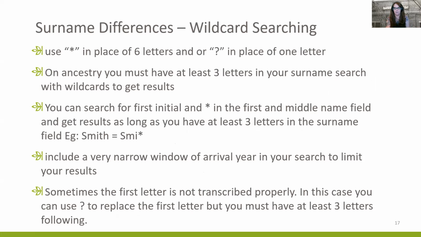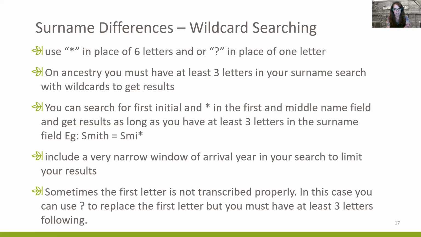Okay, so surname differences. This is the major one that can cause a lot of problems when we're searching the 1865 to 1935 database. And wildcard searching can really open up your results. In Ancestry, you can use the star in place of any number of letters or a question mark in place of one letter.